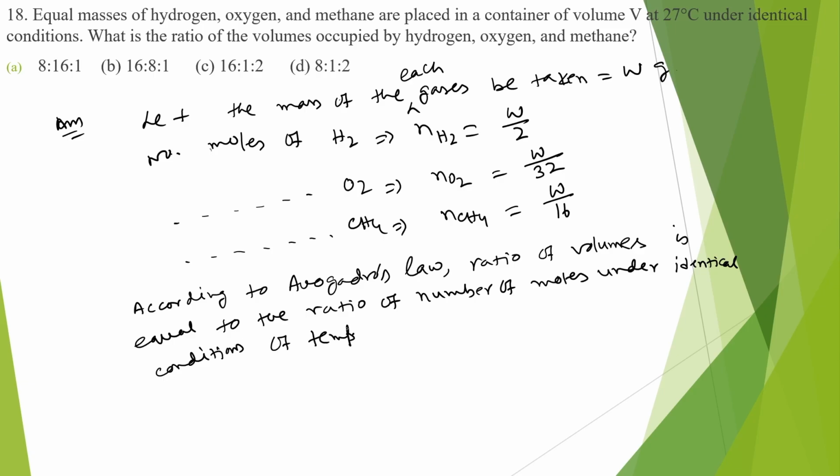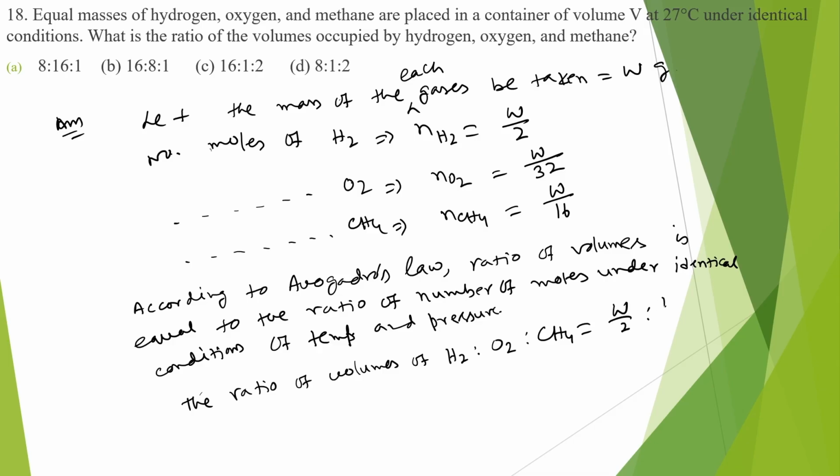Here temperature and pressure are constant. Since the number of moles is directly proportional to the volume, and since W is the same for all, the ratio of volumes of H2 is to O2 is to CH4 is W by 2 is to W by 32 is to W by 16.